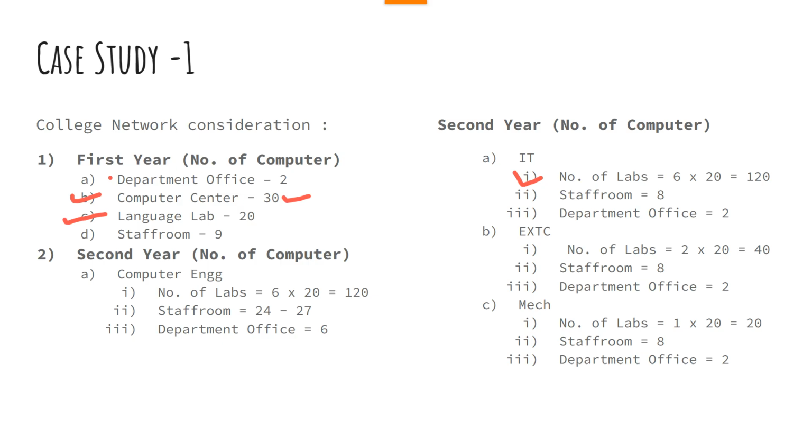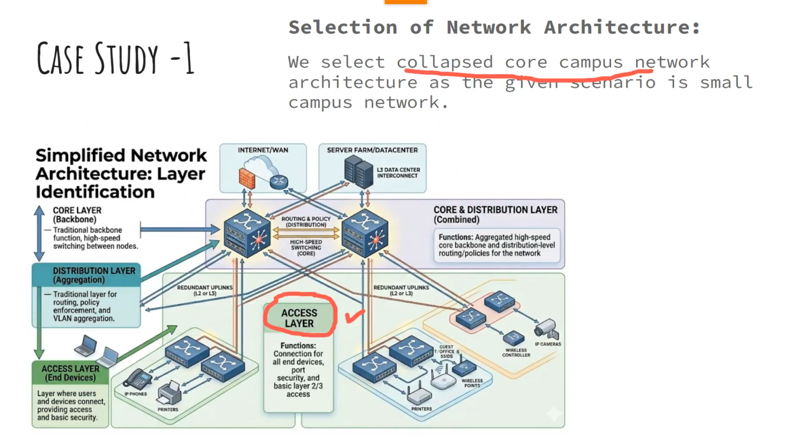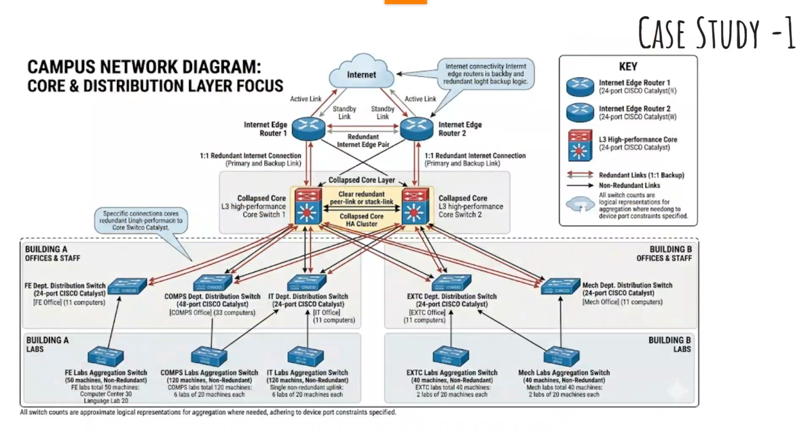Okay, now if you look at this, you have first year. If you can just imagine our building, everything of this first year, let us assume, is on the ground floor. Everything of computer engineering is on the second floor. So if this is the kind of setup that you are looking at, then you can imagine a distribution layer something like this.